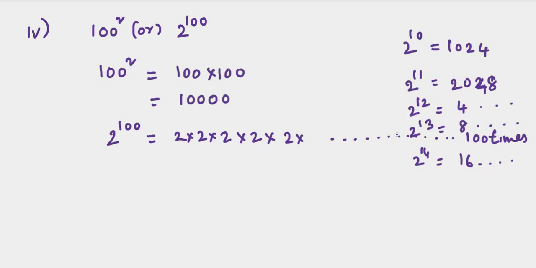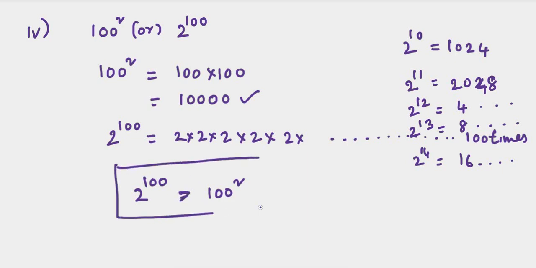Look here, children, it has crossed 10,000. That means 2 to the power of 14 is about 16,000, so 2 to the power of 100 will be very large, we cannot expect even crores. So definitely 2 to the power of 100 is larger than 100 square. So we have to write like this: 2 to the power of 100 is the larger.